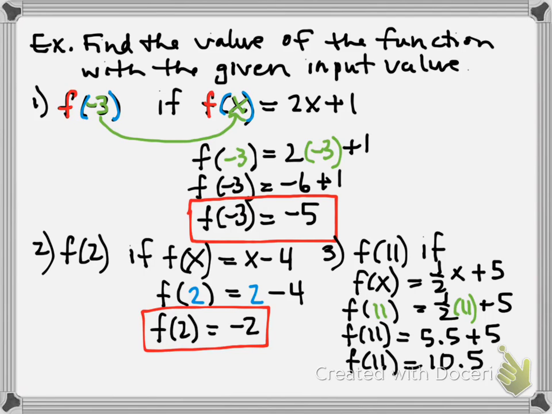Okay, that's it. So let's talk about the last example, what do they mean by this function table, and what are we going to do with that? So the directions are going to ask you to choose 4 values for x and make a function table.